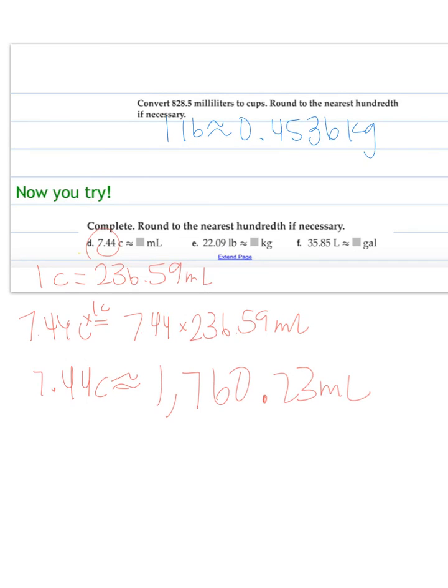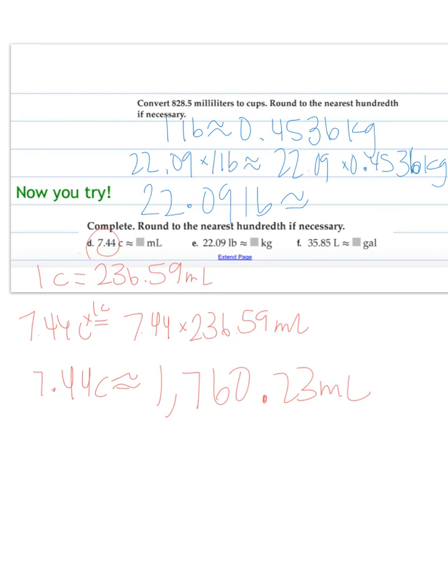Okay, so now we multiply each side by 22.09 times 1 pound. kilograms. So 22.09 pounds is approximately 10 and 200 kilograms.